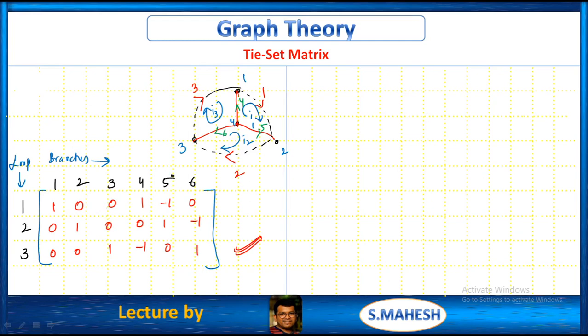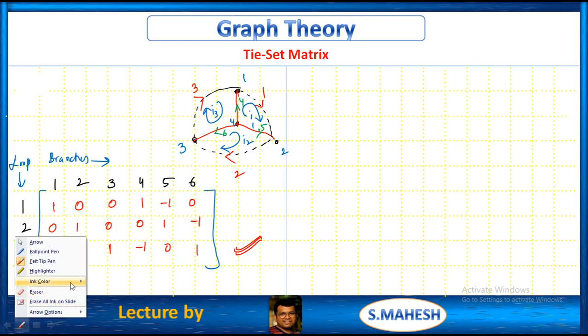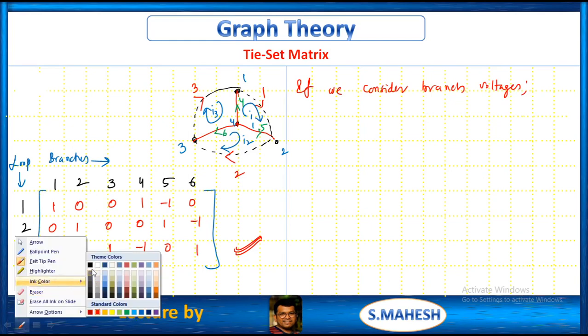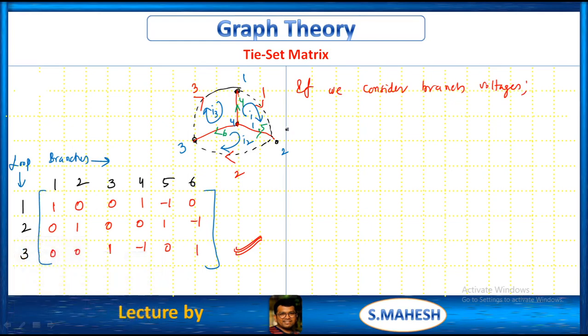See, from this is current only. Therefore, if we consider branch voltage, so by KVL, KVL is the application of that tie set matrix, right?